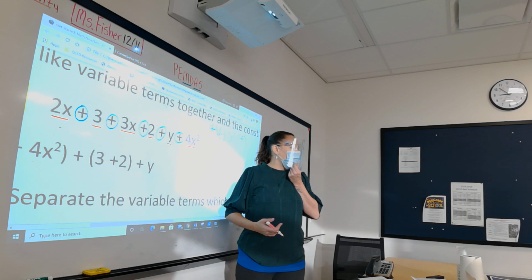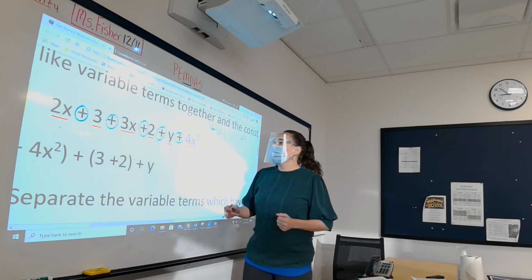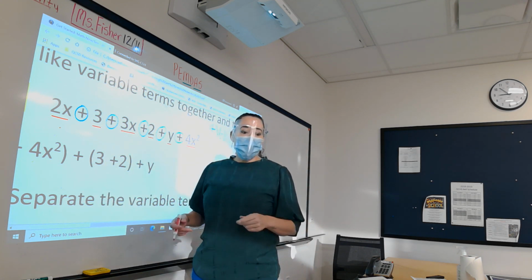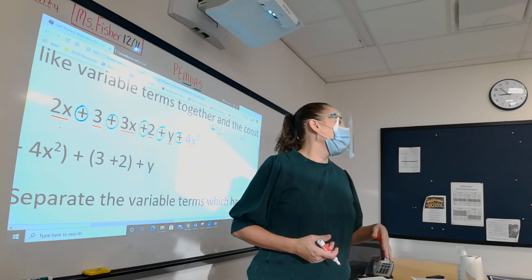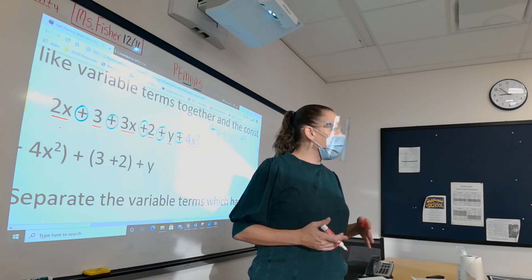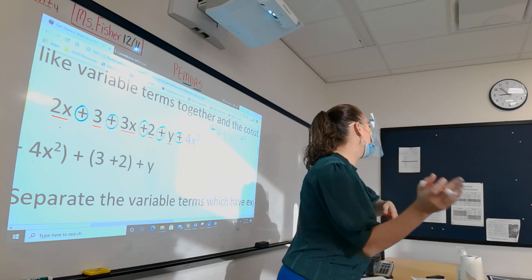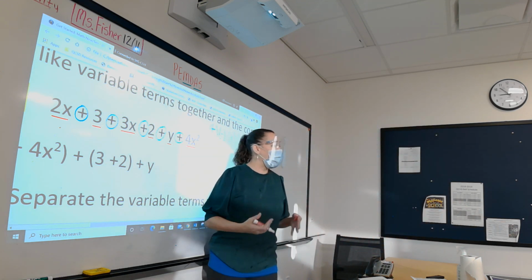So when you're trying to solve an algebraic equation, first step always is to combine those like terms. Okay, so if you look at your worksheet, what does it say? Step one is to separate the terms that have a variable and the terms that don't have a variable, which are called constants.